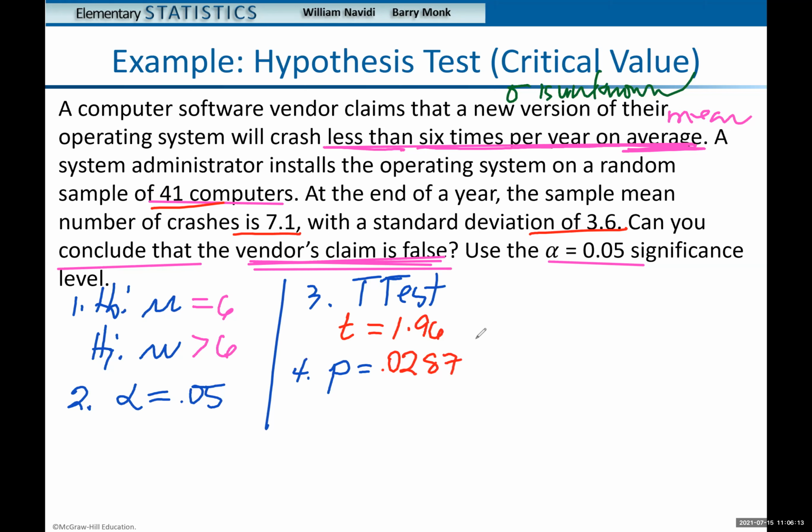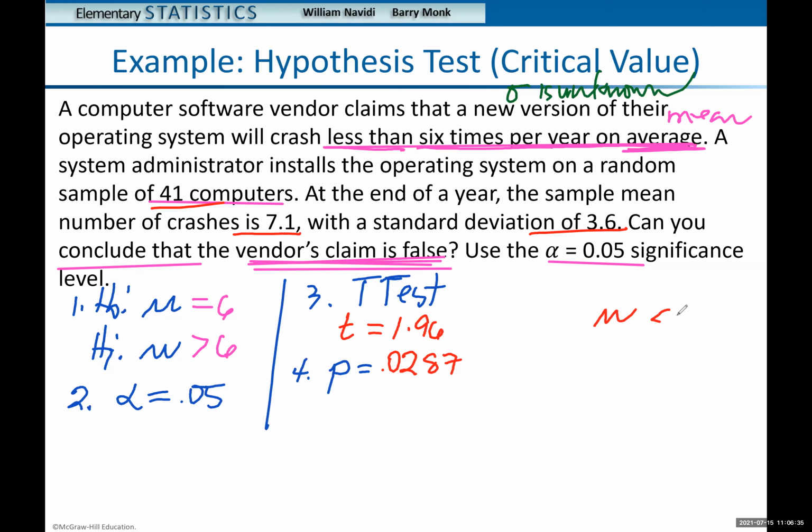Did you all get the same answers? Yes. Now, I want you to go back to the stat test, t-test, and change the mu to less than.